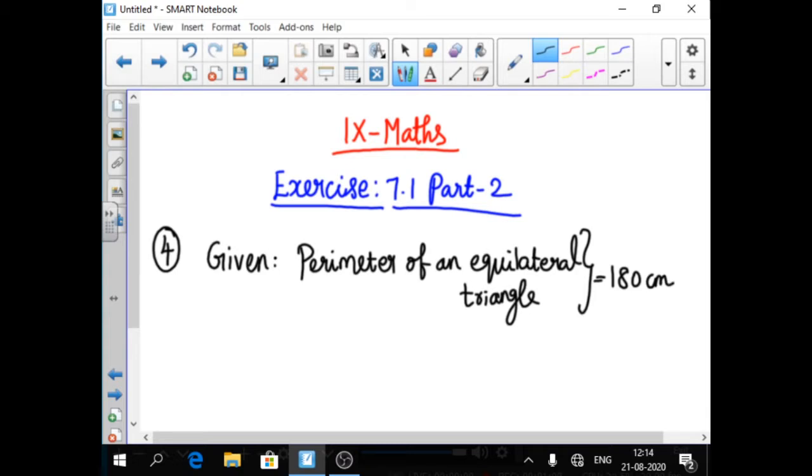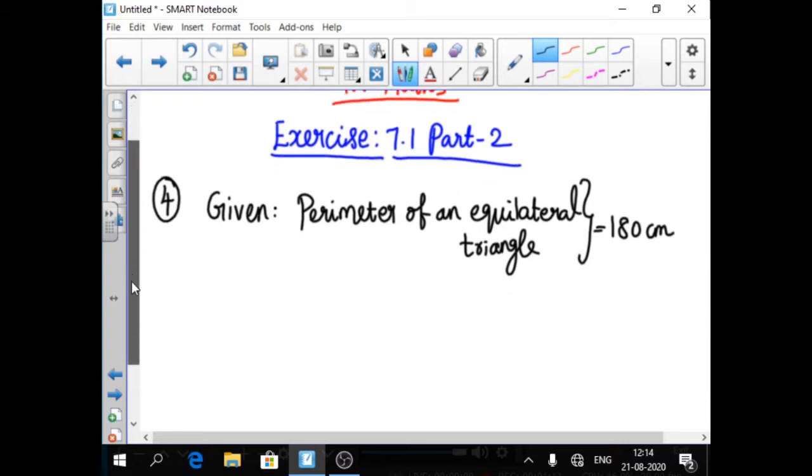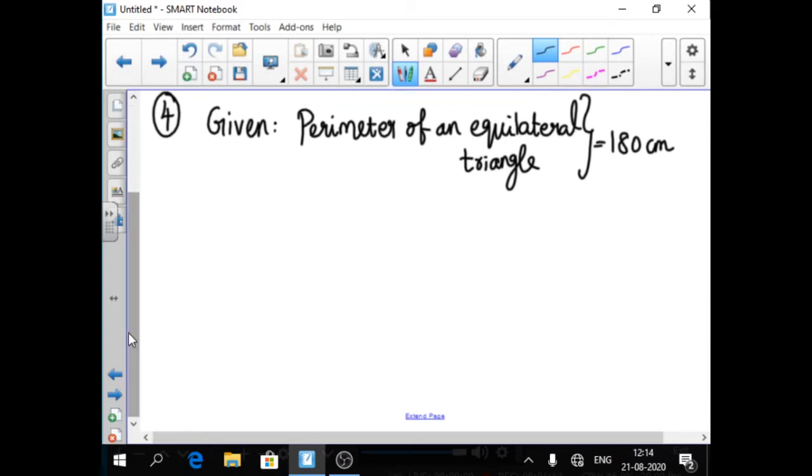Okay. So already we know that it is an equilateral triangle, which means all sides are equal. So you can take it as A. So the perimeter is what? A plus A plus A, 3A. So you can take it as 3A is equal to 180 centimeter.